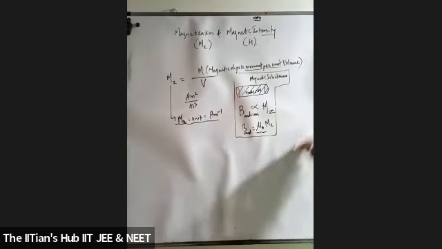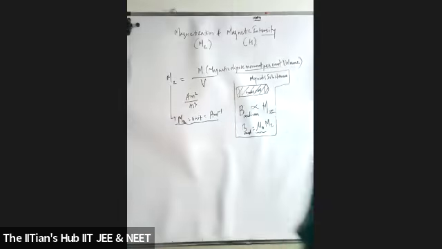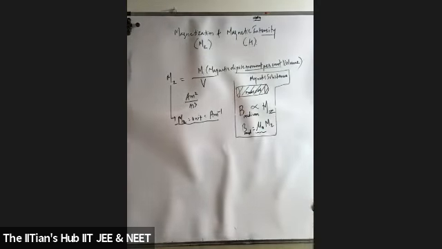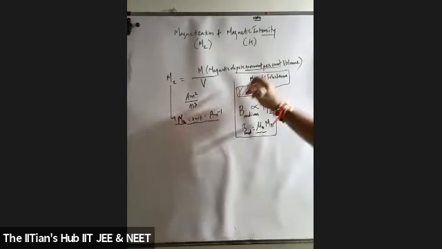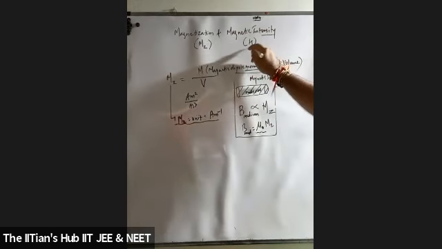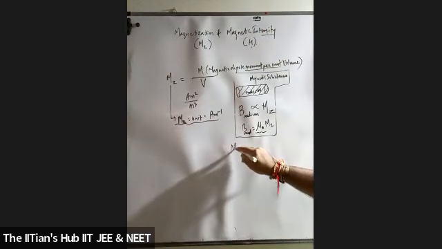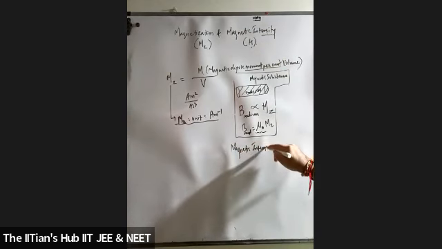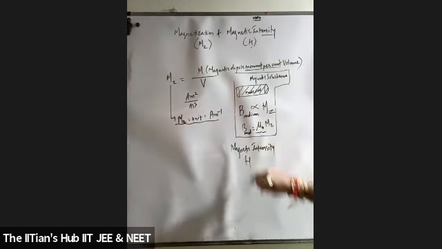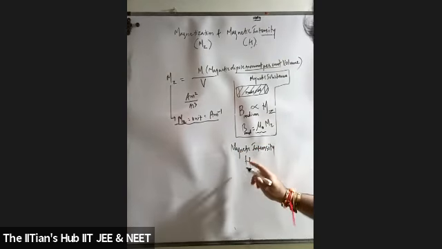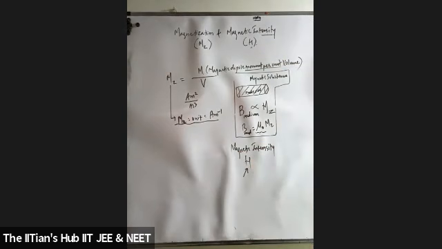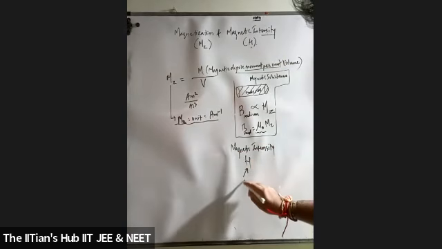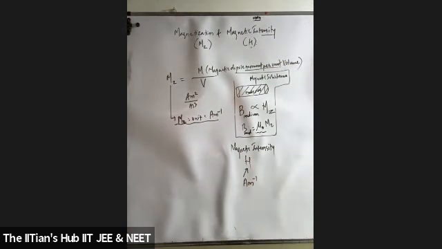Okay, now please pay attention, students. If I go for the next concept, what exactly is the magnetic field intensity we consider? If I say magnetic intensity, students, this is H. And the unit of magnetic intensity is simply ampere meter inverse.